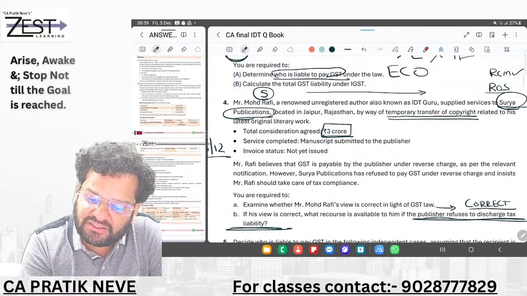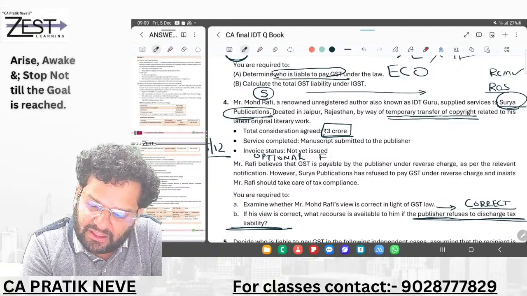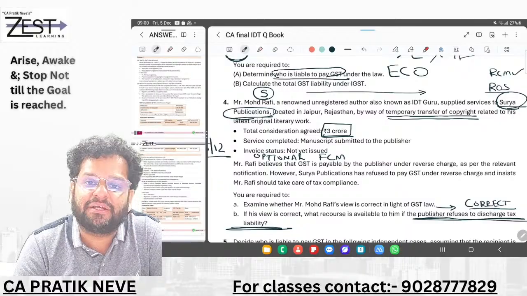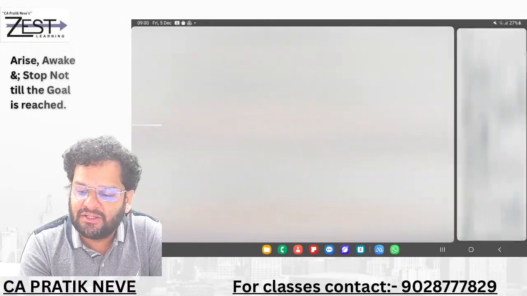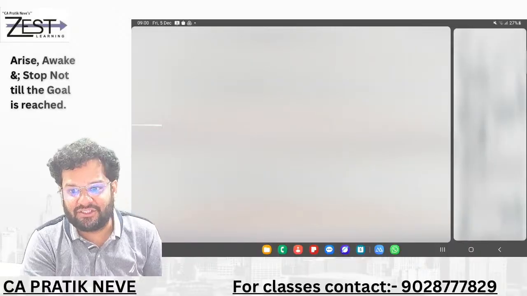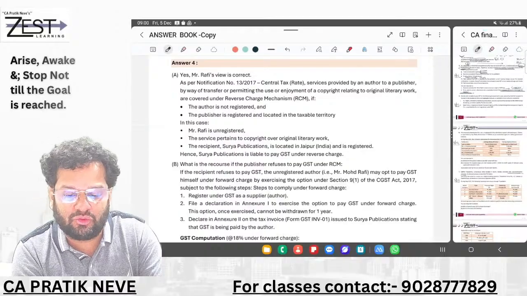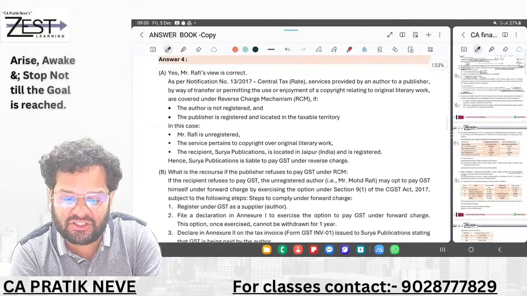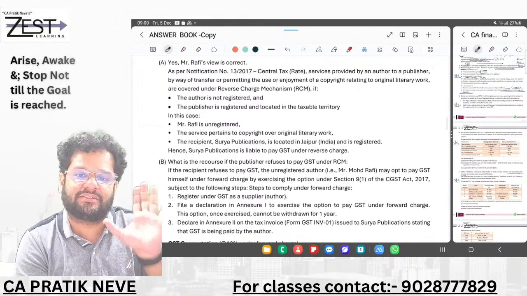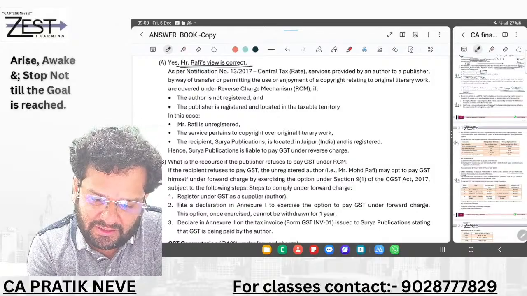If publisher says, I will not pay tax, then Mr. Rafi can pay GST on FCM basis, but he will have to satisfy the conditions. That is, he will have to take registration under GST. While issuing the invoice, he will have to mention that he is paying GST optionally on FCM basis. So Rafi's view is correct.